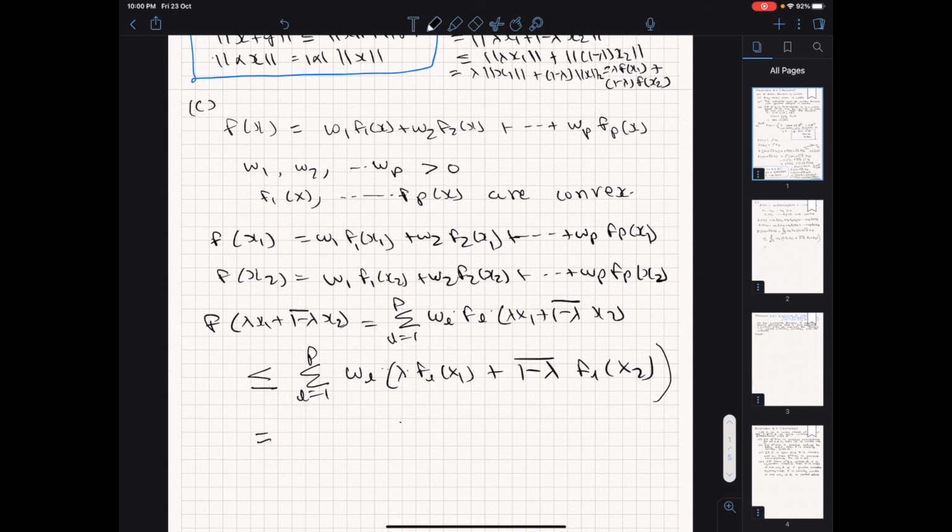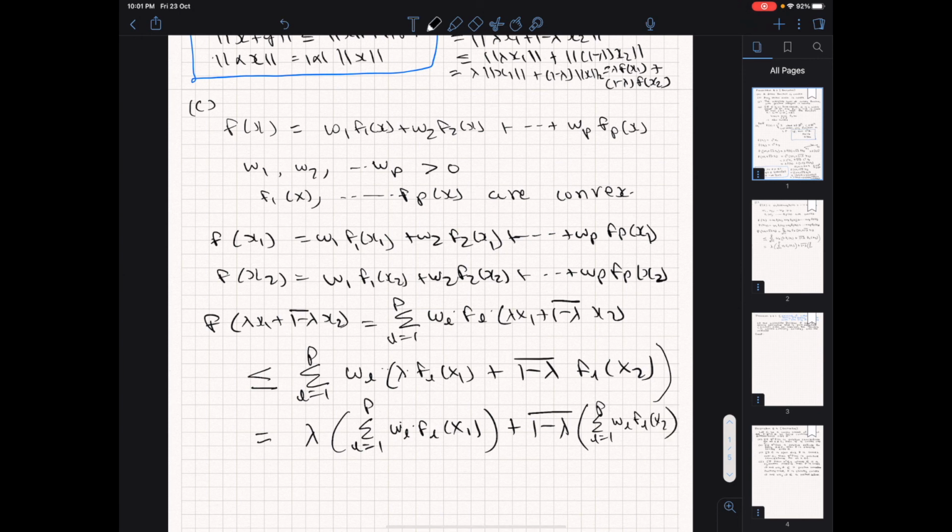Try to pick up that habit of playing with symbols comfortably. I will now write it as lambda times the sum from i equal to 1 to p of wi fi of x1 plus, taking the common factor 1 minus lambda out in the second term, the sum from i equal to 1 to p of wi fi of x2.